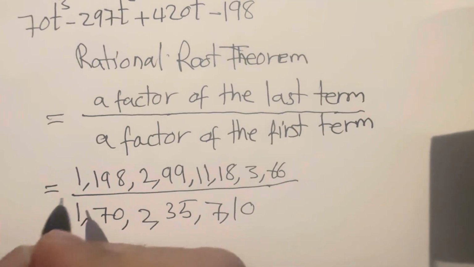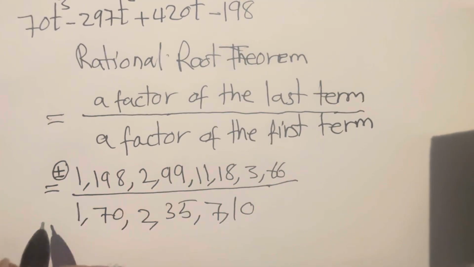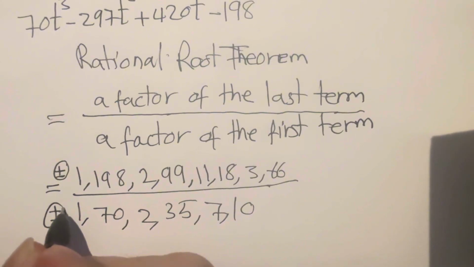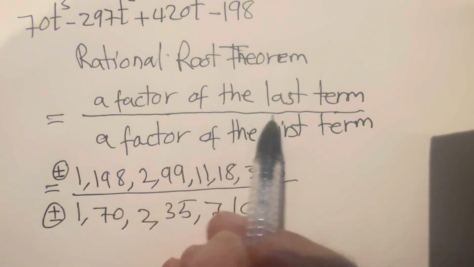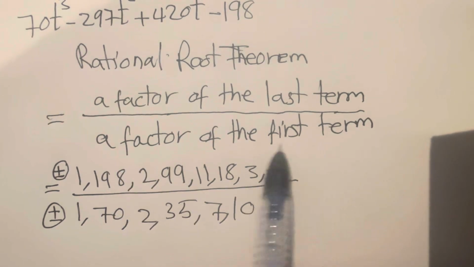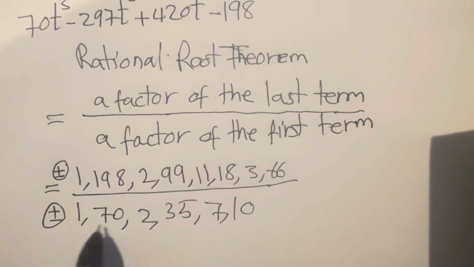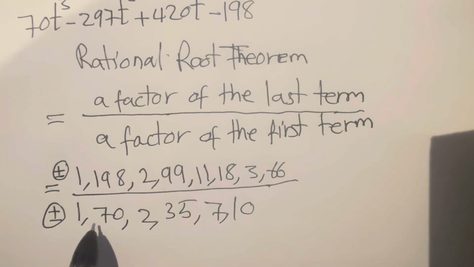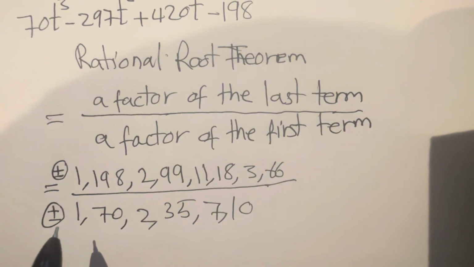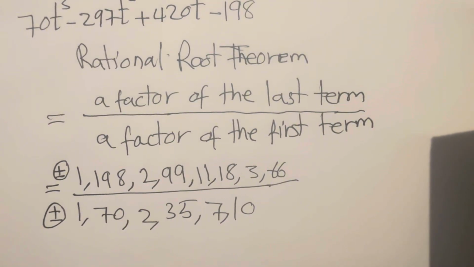But each of these has to be plus or minus. So remember, we said a factor of the last term divided by a factor of the first term. Out of all these factors, one factor divided by one factor is a possible root of the equation. So how do we work it out?